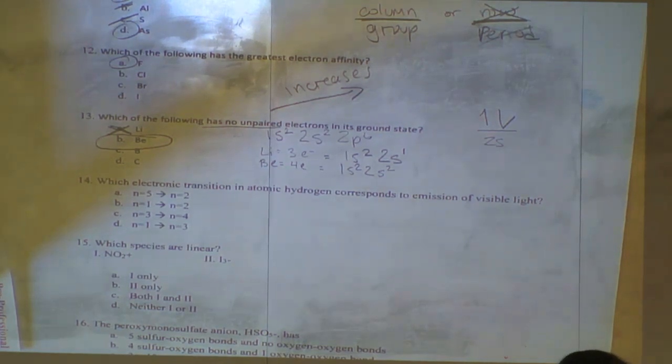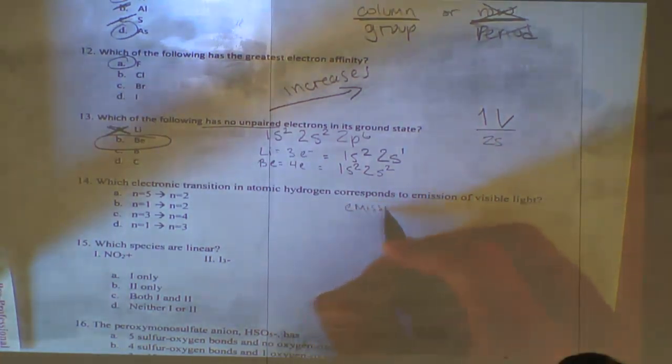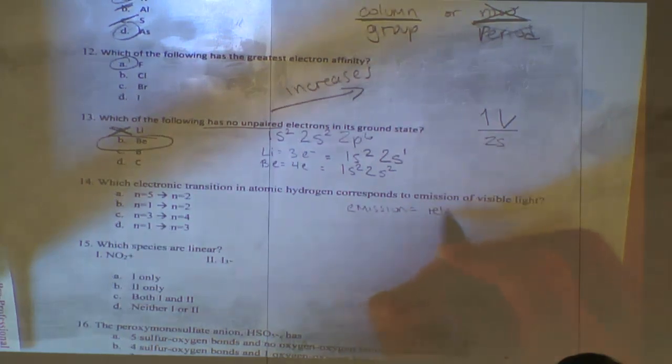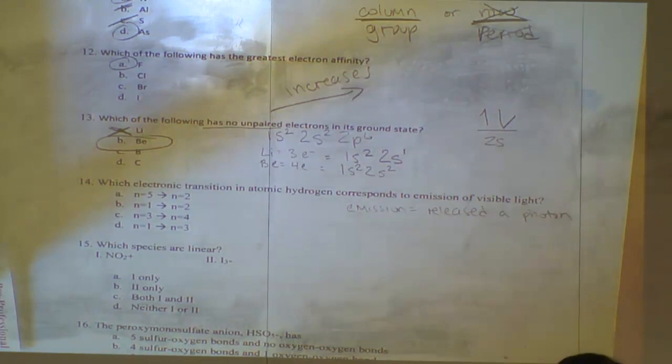Man. So when we have a light, the smallest particle of light is called a photon. You guys remember that? So when it's talking about emission, it means release the photon. So if you can release a photon, what's the other thing that can happen? What if a photon comes and hits you?